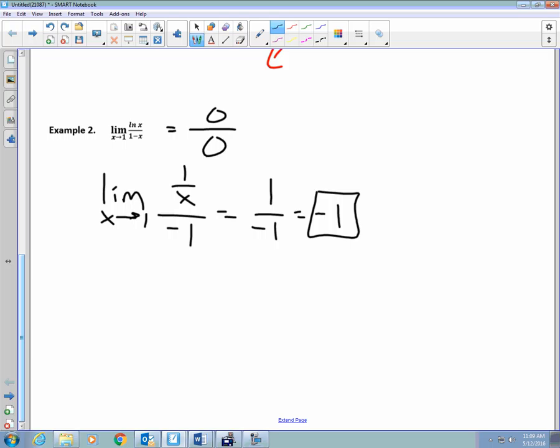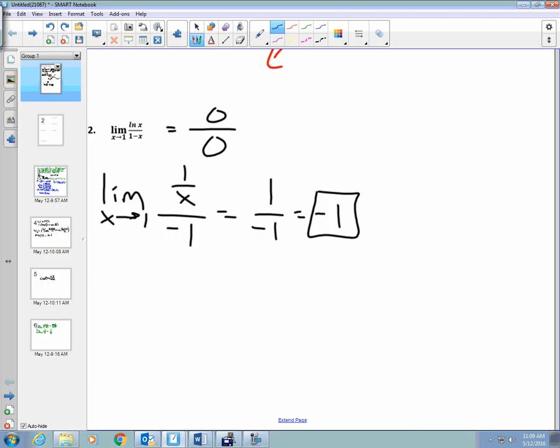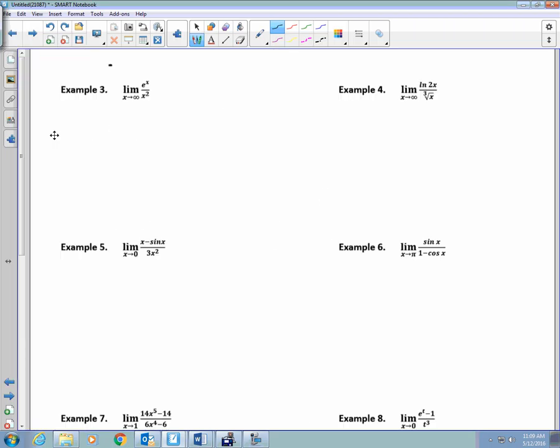Look, 0 over 0 when we did our first example was 1. Now we did another example, we got negative 1. You don't know what you're going to come up with. You could come up with pi. Come up with square root of 2 minus 3. You don't know what you're going to get. Flip it over. That's it.